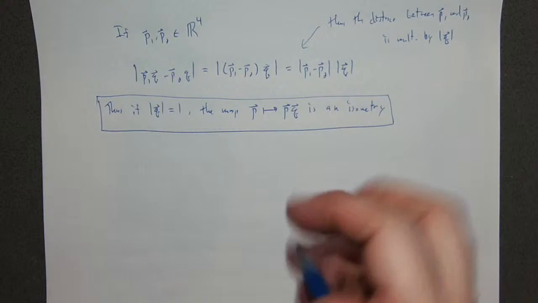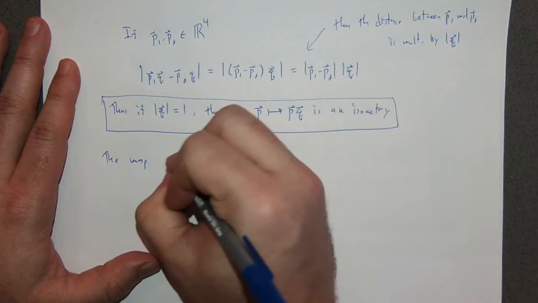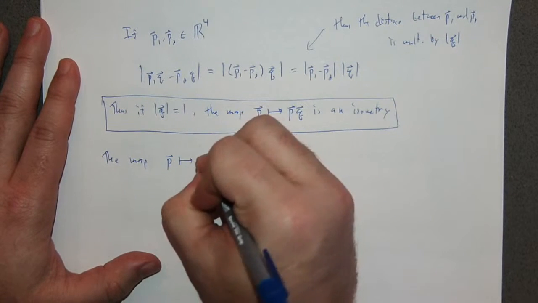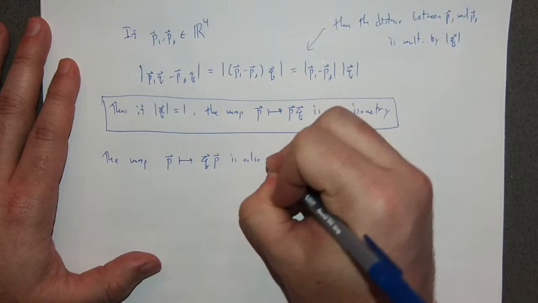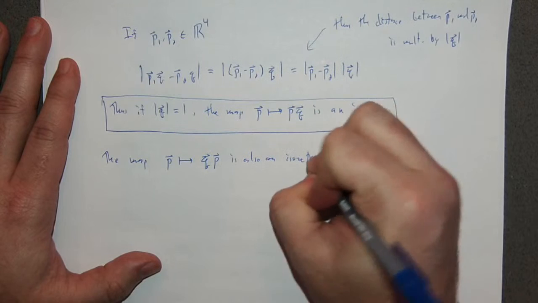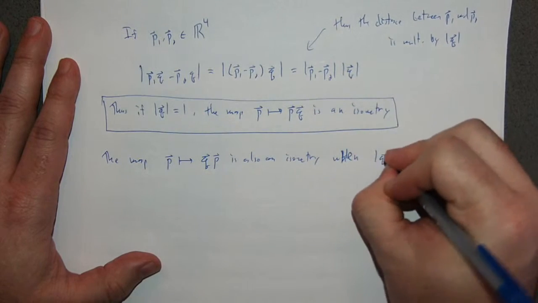All right. Now, the map that sends a point to QP is also an isometry when the length of Q is equal to 1.